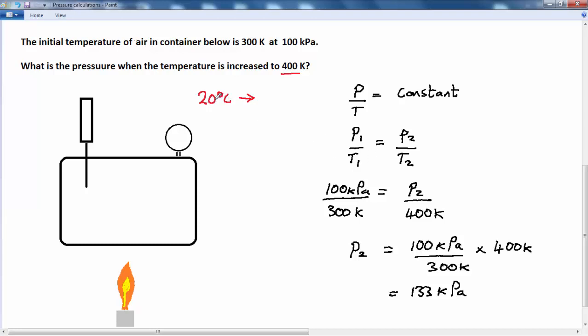So to do that, we have to add 273 to the temperature in Celsius, which will give us 293 Kelvin. Okay, and then we plug those values into our equation, and we can then calculate the pressure correctly. So watch out for that. Always convert degrees Celsius into Kelvin.